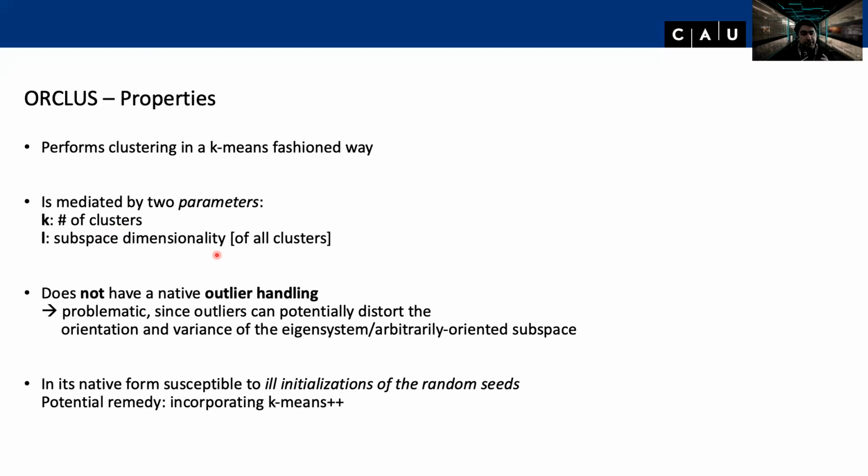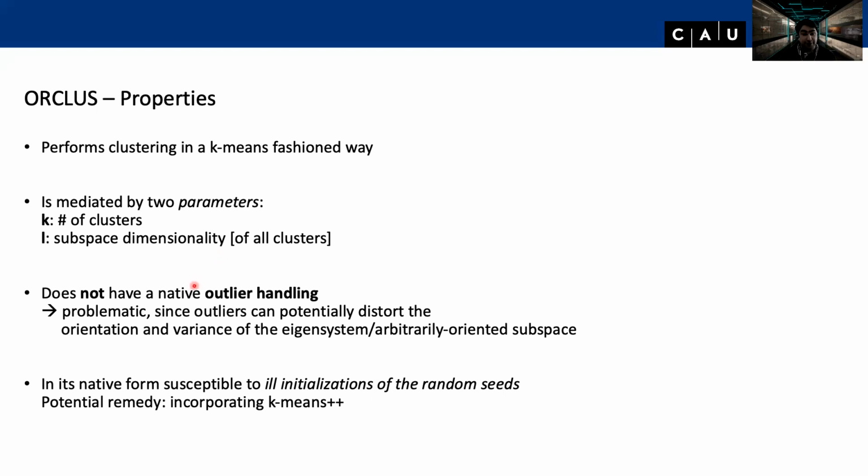Something interesting, and we shall see that not all algorithms have this advantage or disadvantage, is that this parameter L holds for all clusters. So you cannot say that one cluster should be two-dimensional, that one should be one-dimensional, this one can be three-dimensional. If you set this L, it holds for all clusters. So if L equals 2, then all detected clusters are going to have the dimensionality of 2.